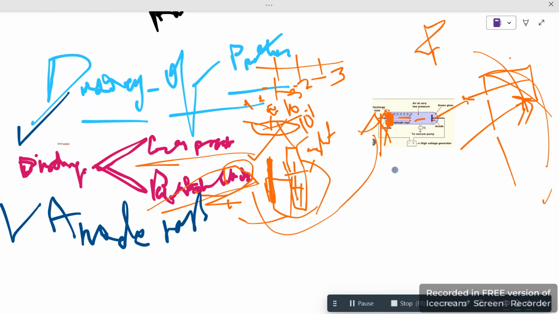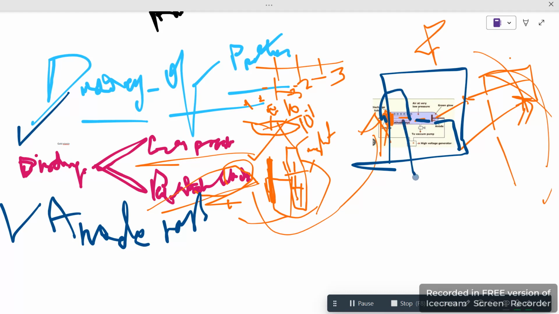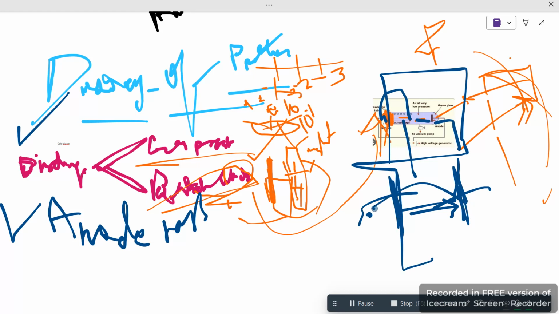In this discharge tube, the rays travel from the anode towards the cathode, so we call them anode rays. Whereas in the electron tube, this was the cathode and this was the anode, and the rays travel towards the anode. We called those cathode rays. But here we call them anode rays, because this is the discovery of the proton.